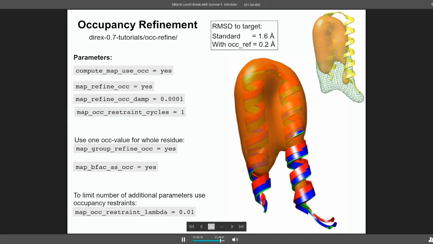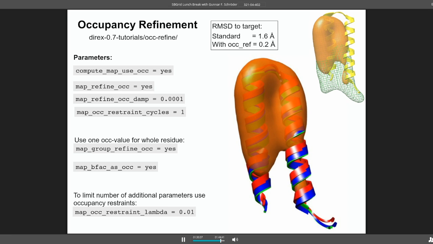So here are some parameters that are needed for this. The map refine occ means you're refining the occupancy values, or the scaling of each atom mass, basically. And you can also have restraints.